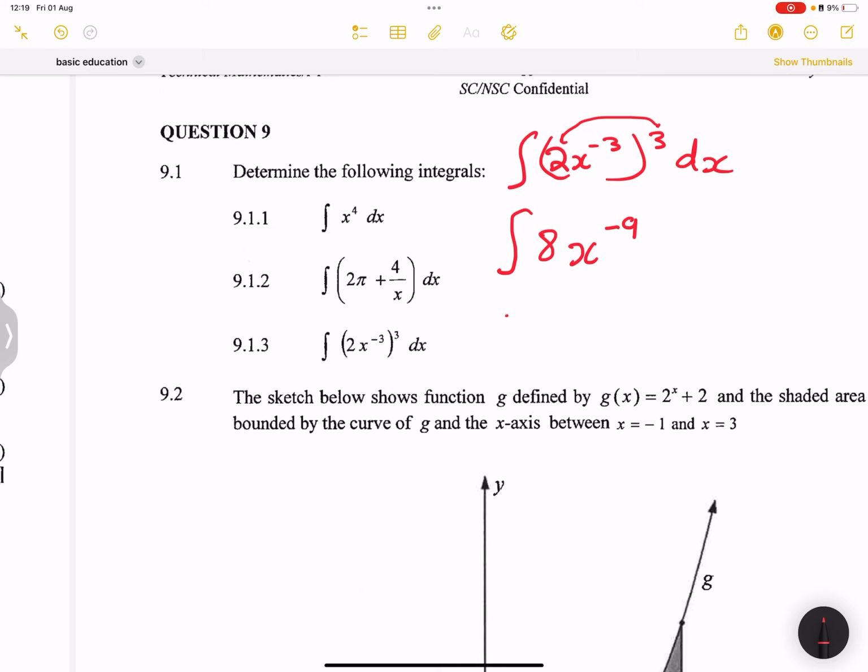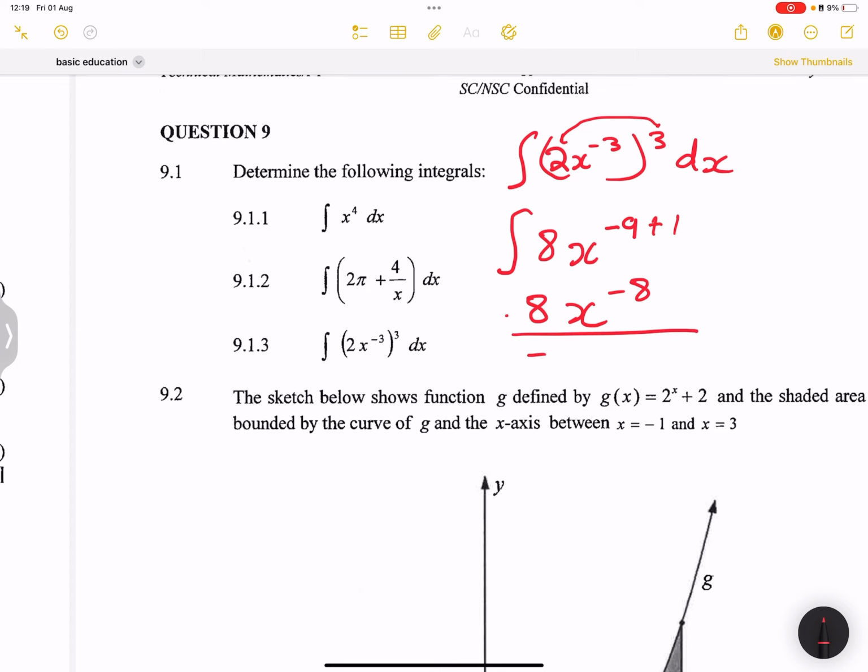If we add 1 to minus 9, that becomes minus 8, and we divide by negative 8. So that will be 8x to the minus 8, but we divide that by minus 8.